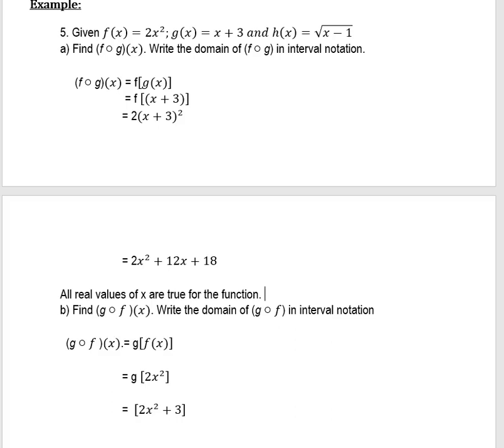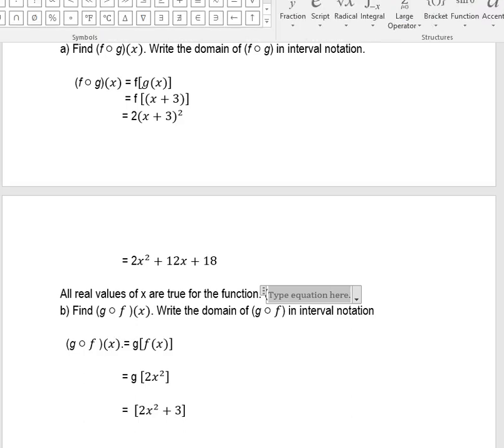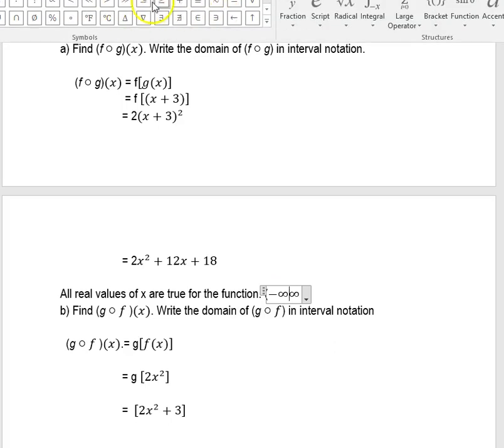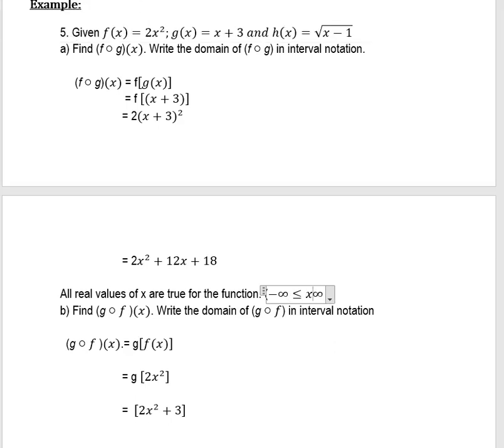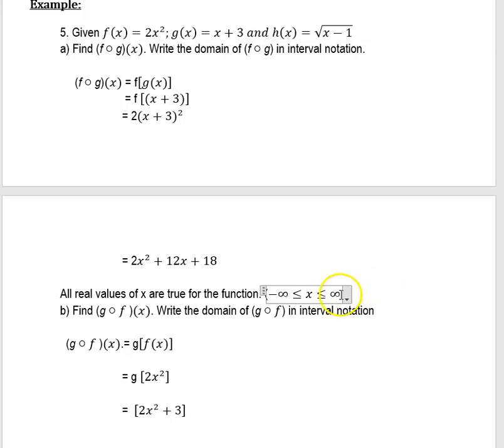In interval notation, if you want to write it, we can write it as open bracket, negative infinity is less than or equal to x, and x is less than or equal to infinity.